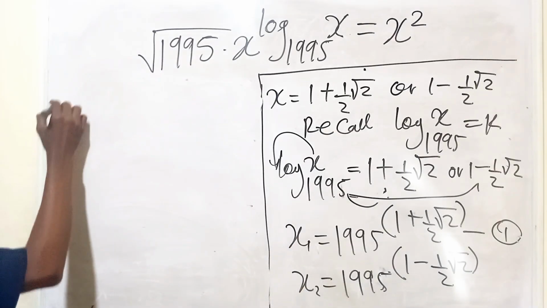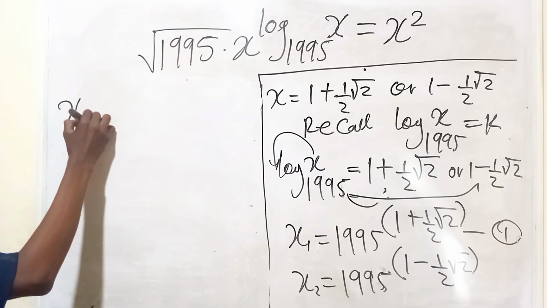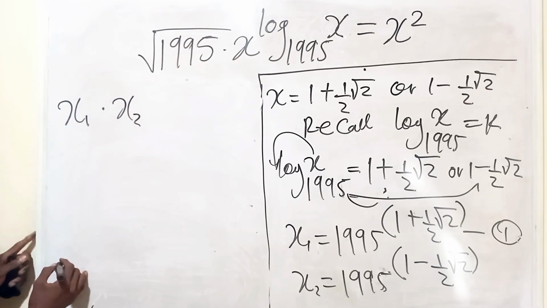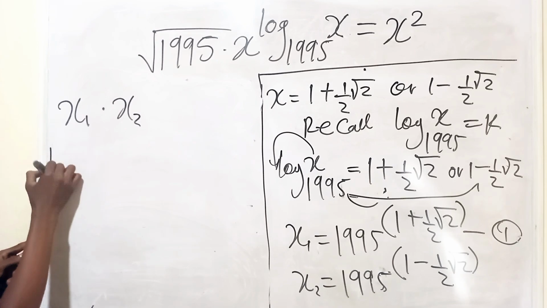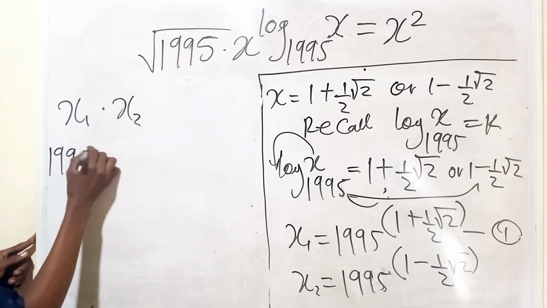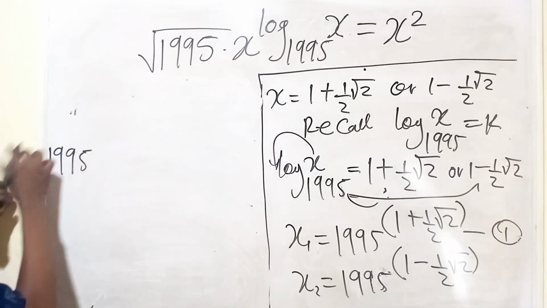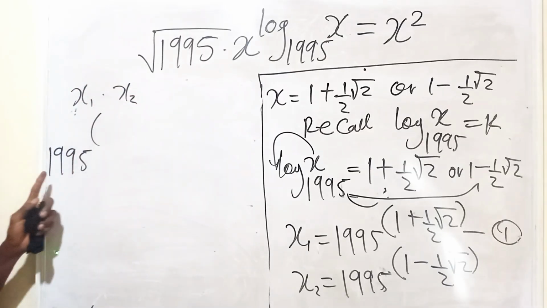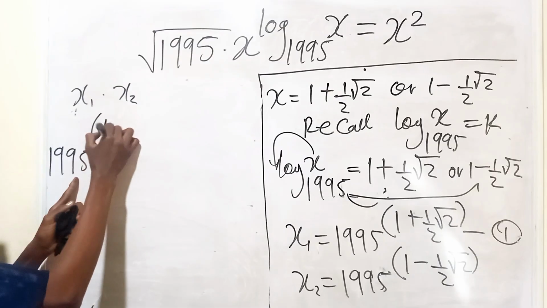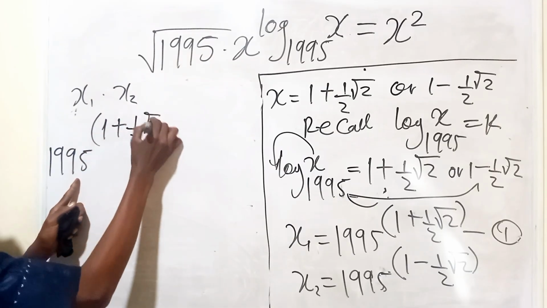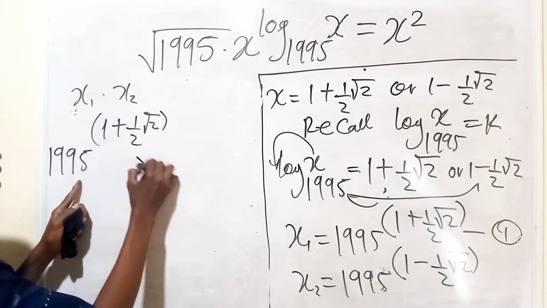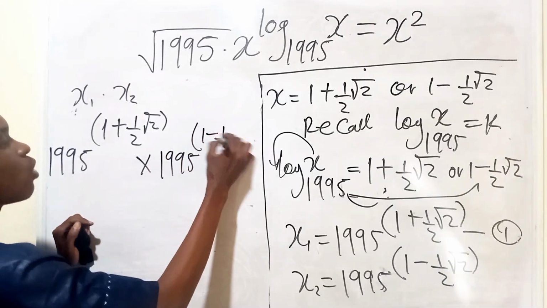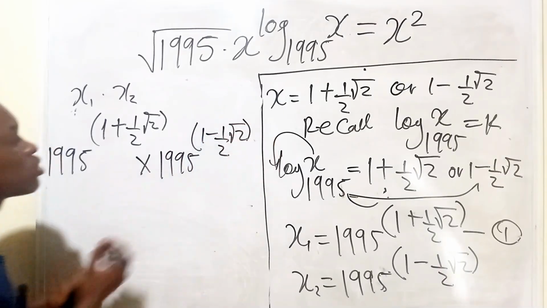So we are going to say x1 multiplied by x2. So let's multiply both of them. So x1 multiply x2 is 1995 raised to the power of 1 plus 1 all over 2, the square root of 2, multiplied by 1995 raised to the power of 1 minus 1 all over 2, the square root of 2.